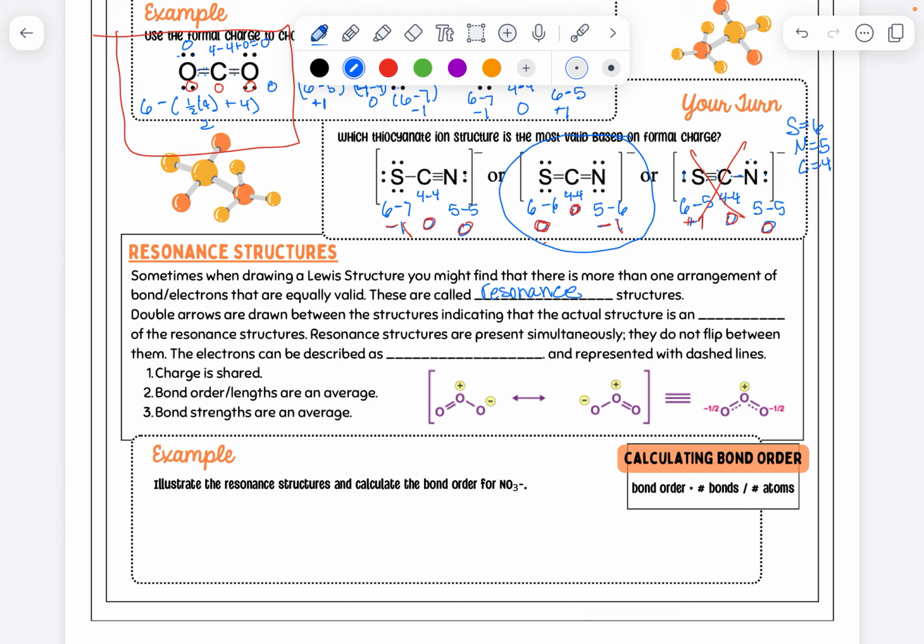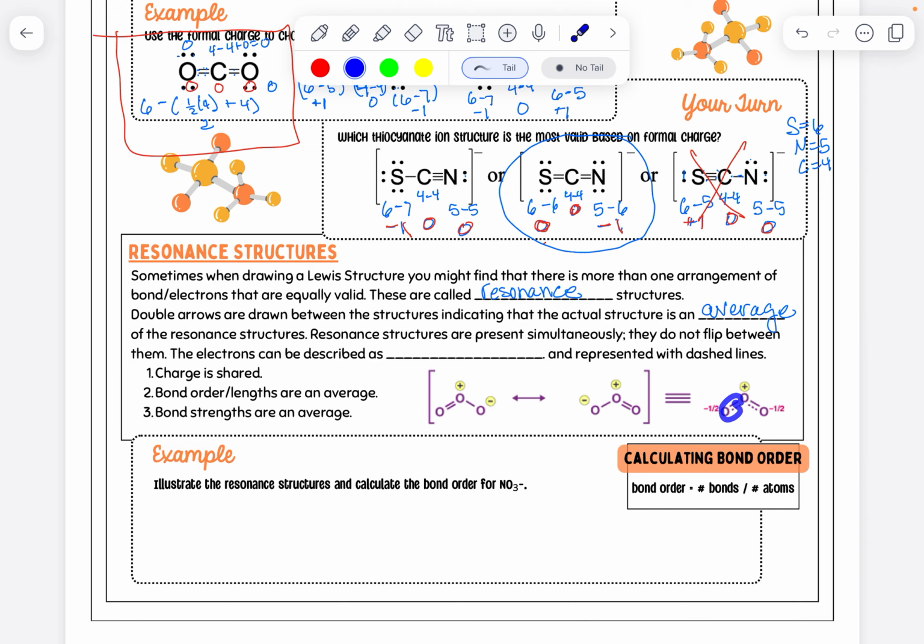Double arrows are drawn between the structures, indicating that the actual structure is an average of the resonance structures. And resonance structures are present simultaneously, so they don't flip between them, meaning that even though we draw it like this, that doesn't mean that there's a double bond here and then there's a double bond there.